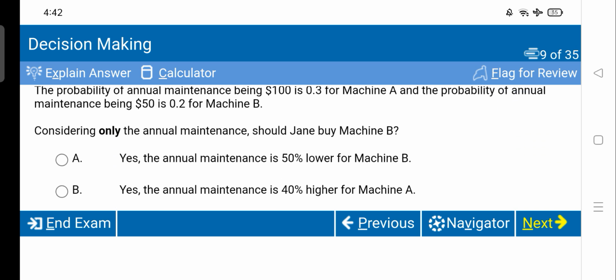So considering only the annual maintenance, should Jane buy machine B?